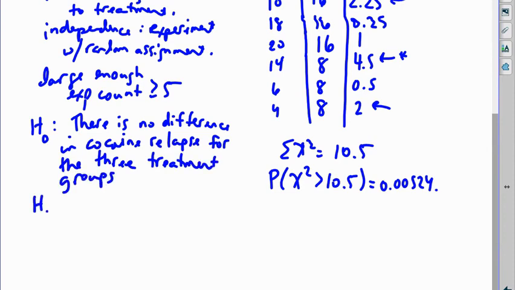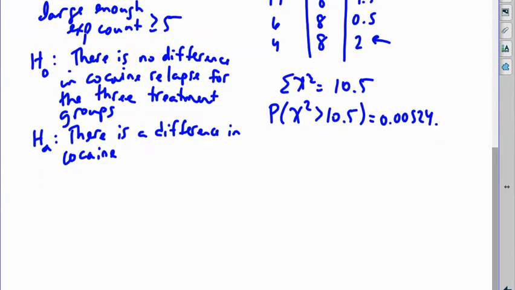And the alternative, there is a difference in cocaine relapse for the 3 treatment groups.